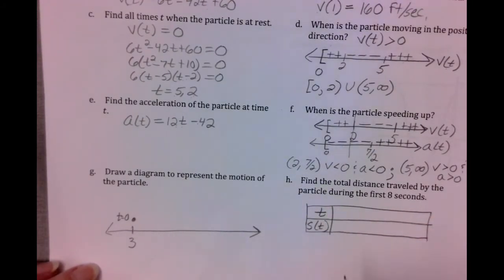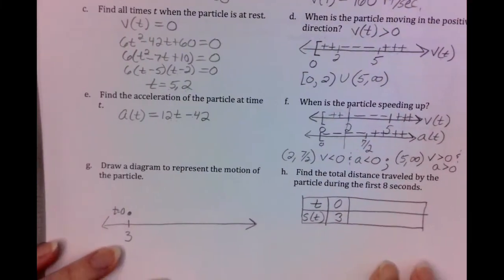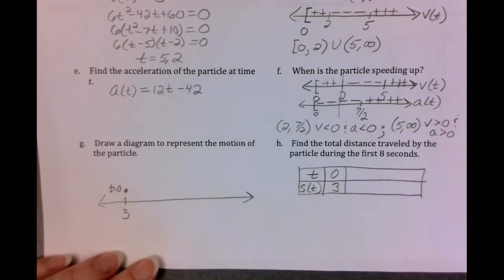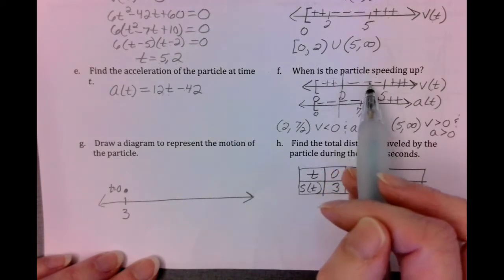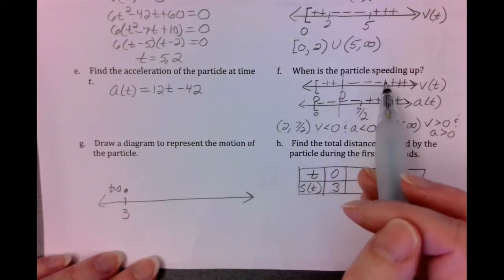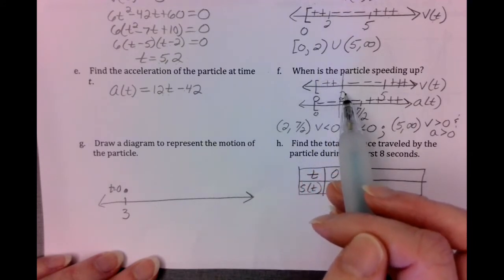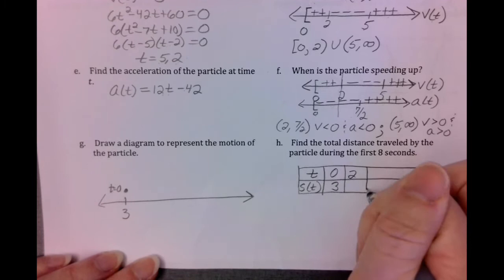So I'm going to put that in because that will matter for distance. Then I look back at velocity. Oops, sorry, I skipped the first part. It goes right until it gets to 2 seconds. So at 2 seconds, what is my position? I plug 2 into the position function, and I get back 55.